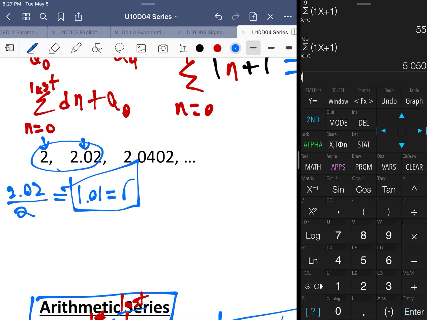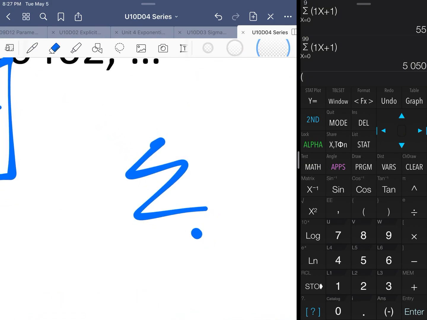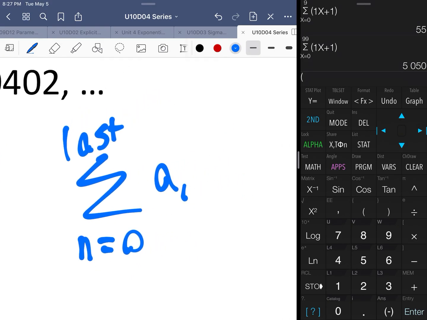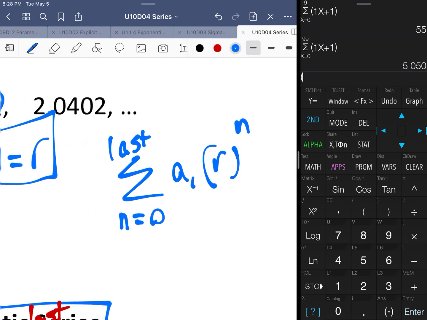So if I wanted to do a geometric series and add the first 5 terms for this, I would write the standard form for a geometric sequence. To add them as a summation, I can write n equals 0, so starting at the 0th term to the last term. And I'd start with my first term, whatever that is, multiplied by the common ratio n times.